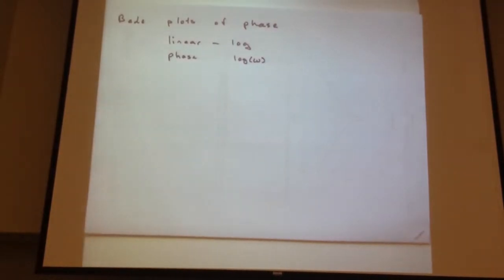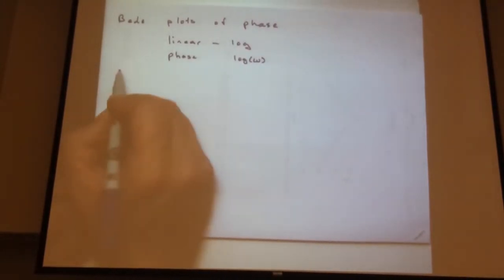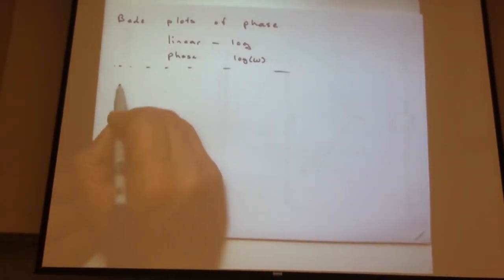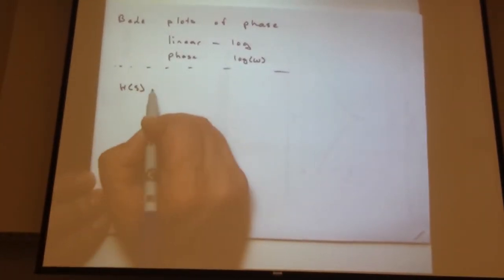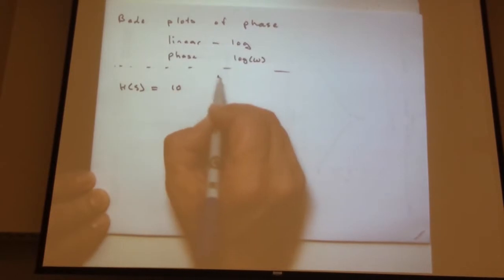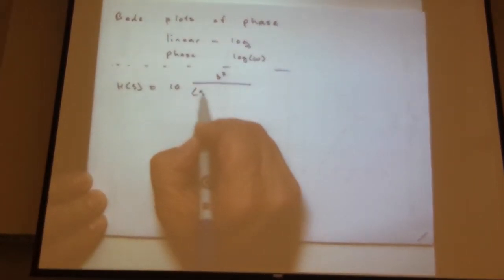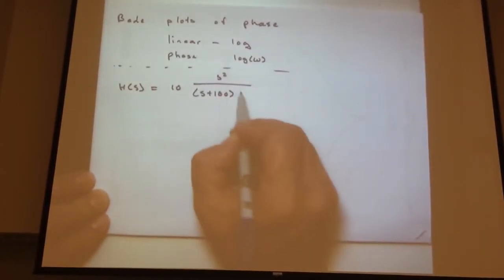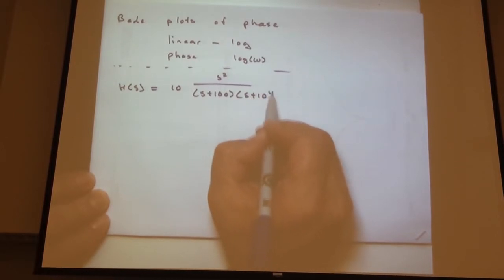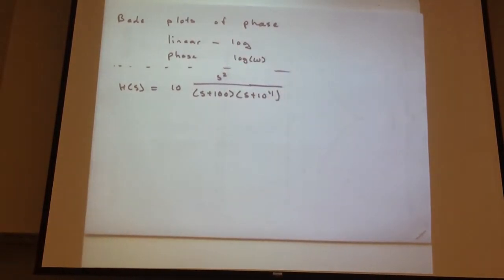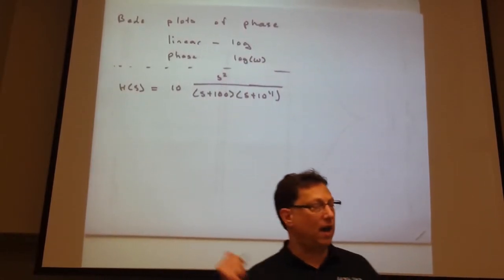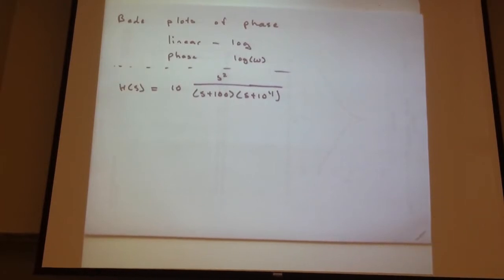So if we take the same example, H of s equals 10s squared over (s plus 100)(s plus 10 to the 4th). Ultimately, this is j omega. So yes, we use s a lot. I've said this several times before, but this is really j omega.